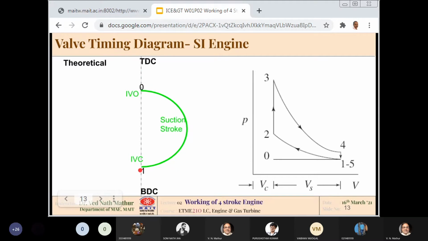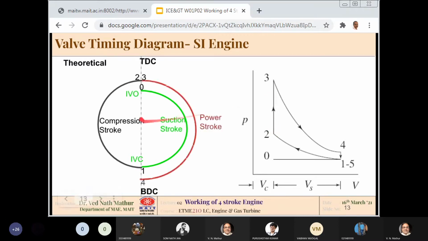And then from 1 to 2 is the compression stroke. Now when the piston is at point 2, combustion takes place. So 2 and 3 are the same point here at the top dead center position. And then from 3 to 4, we get the expansion stroke or the power stroke. And then from 4 to 1, we get the exhaust stroke.